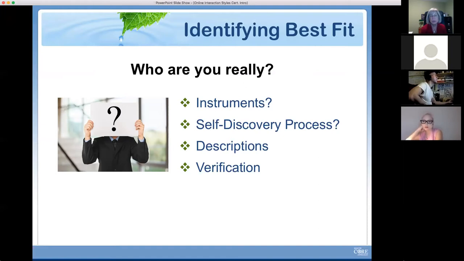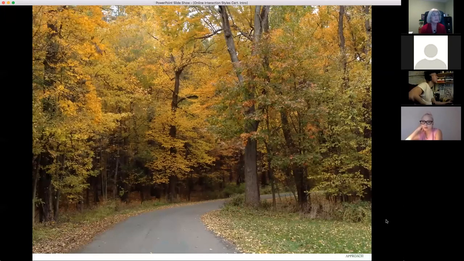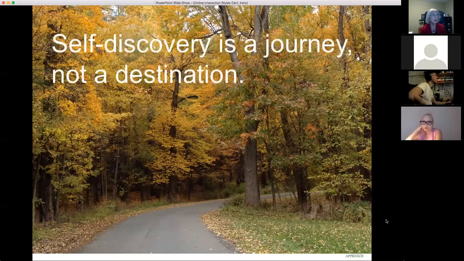And then, of course, there's always this process of development and verification. And so that as people go through, they continually verify. And whoops, what's going on here? So, see this road? This is what self-discovery is about. It's an ongoing journey, not a destination.